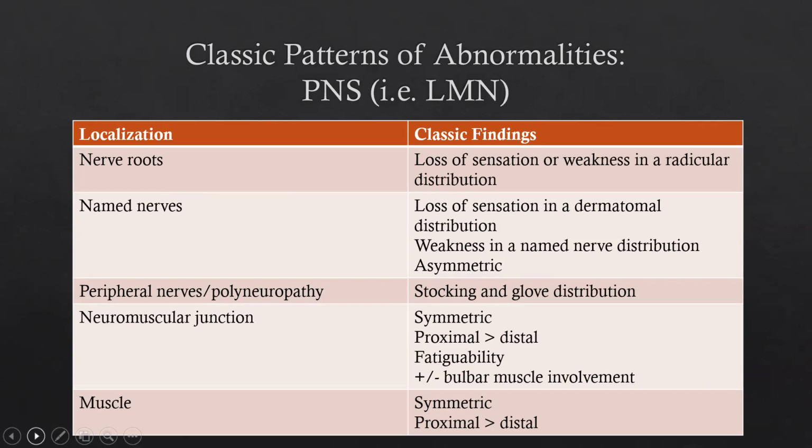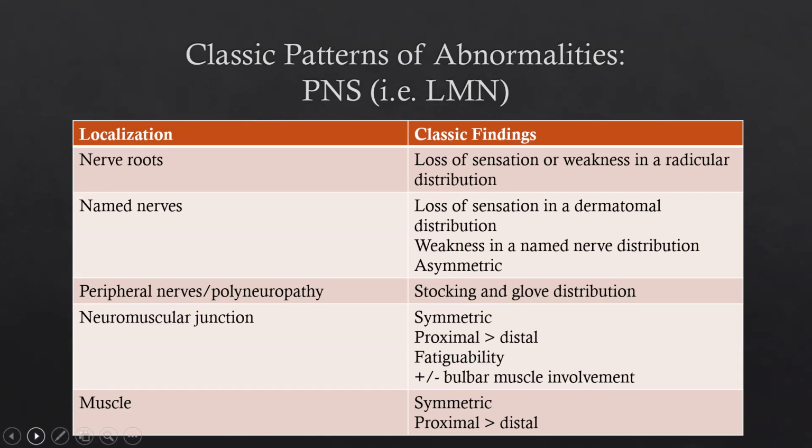So again, with lower motor neuron lesion problems, and particularly the peripheral nervous system, you always have to remember that in terms of your localization, you have to think of it from the roots all the way up to the muscle. And generally, when you look at a root injury or root problem, you get a loss of sensation or weakness which is of a radicular distribution.